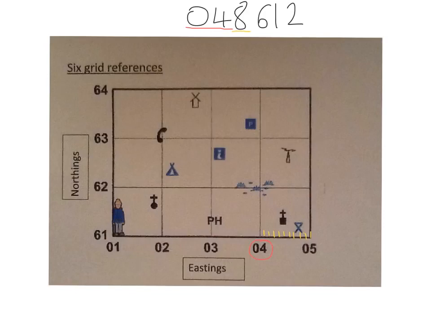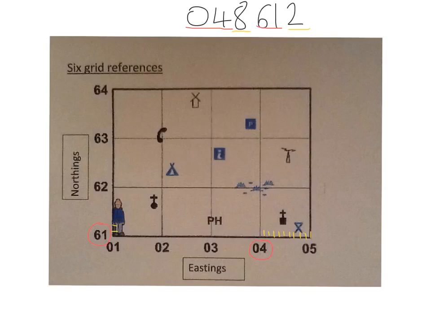The next part of our clue is to find the northings. We're going to be looking at line 61, and this time we only need to go 2 tenths up. 1, 2. Now the trick here is to see where these two lines meet.